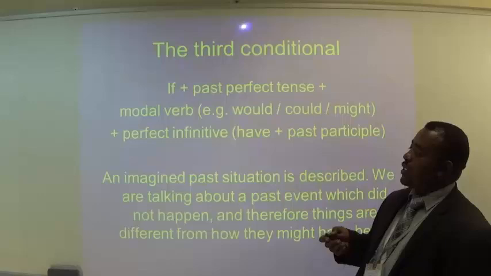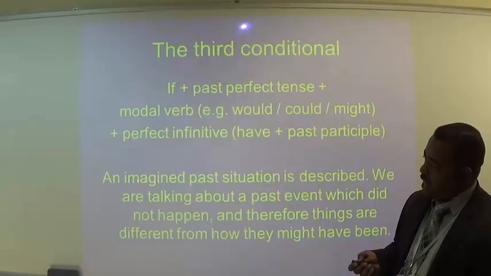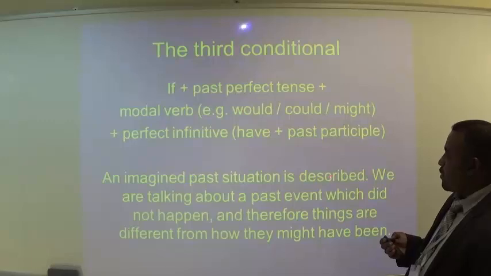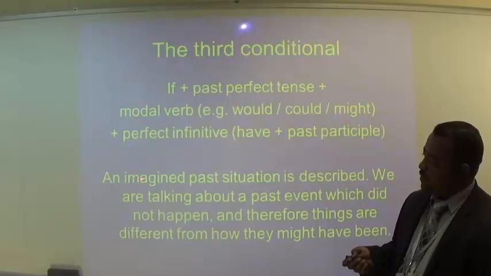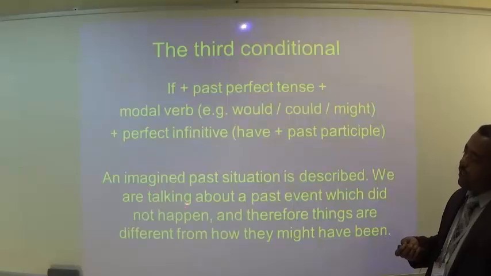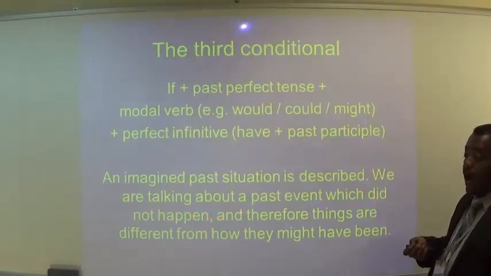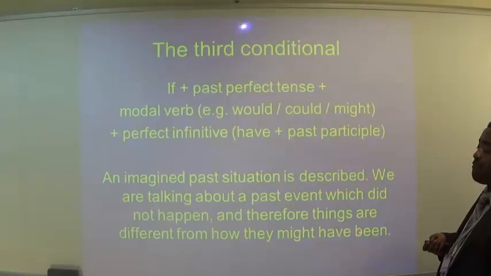So let us express and explain the definition. Unimagined past situations are described, and imagined means it is not real. We are talking about a past event which did not happen, and therefore things are different from how they might have been.